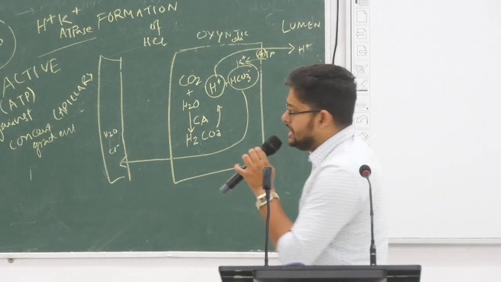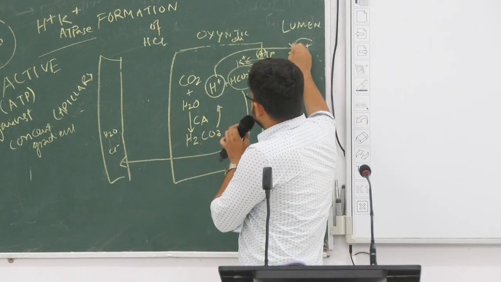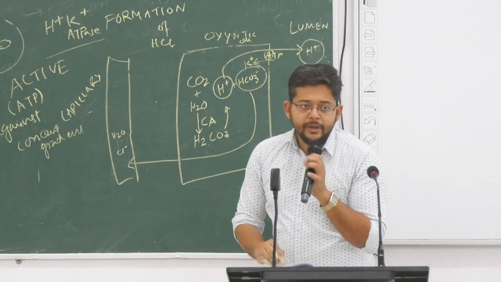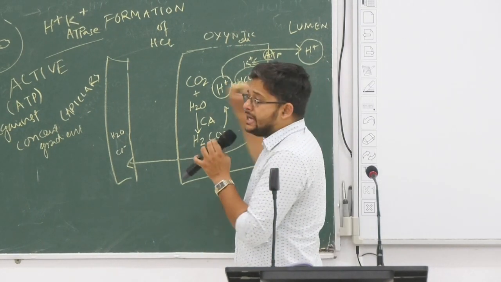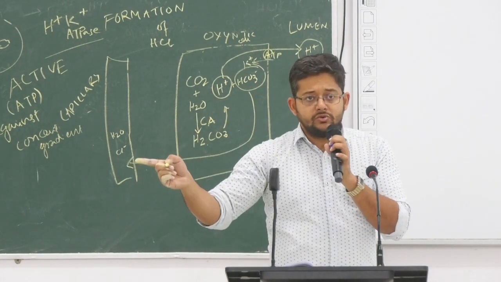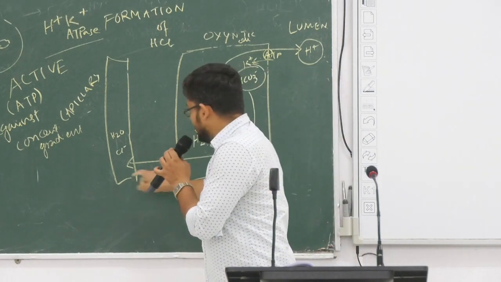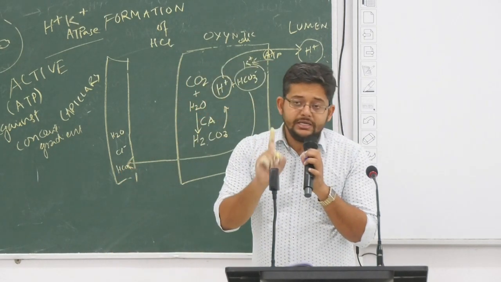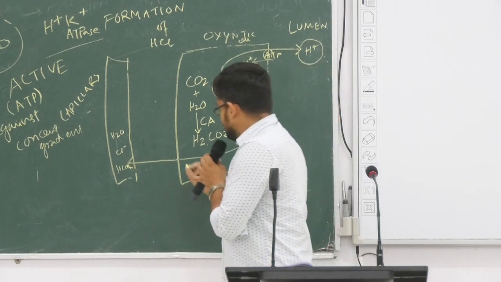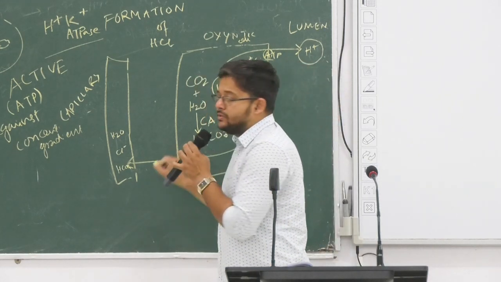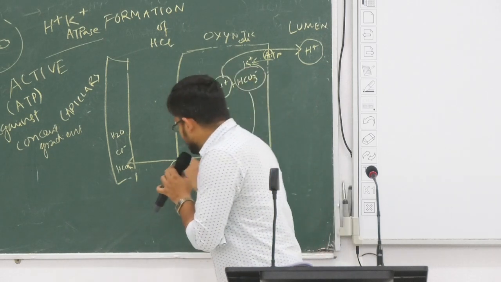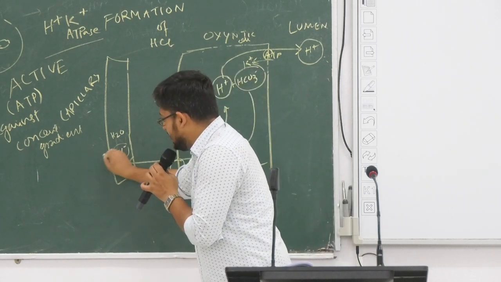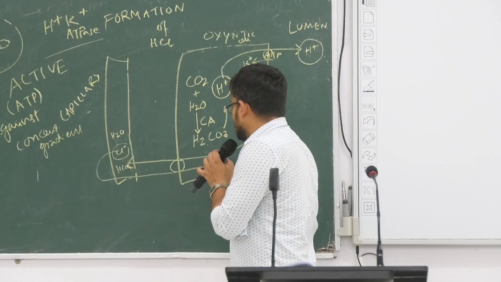So what we are getting right now is H plus inside the lumen. Now, if one single H plus goes out, simultaneously one bicarbonate comes over here. But again, this is not a very straightforward reaction. There is something called an anionic exchanger. One bicarbonate goes out in exchange for one chloride.